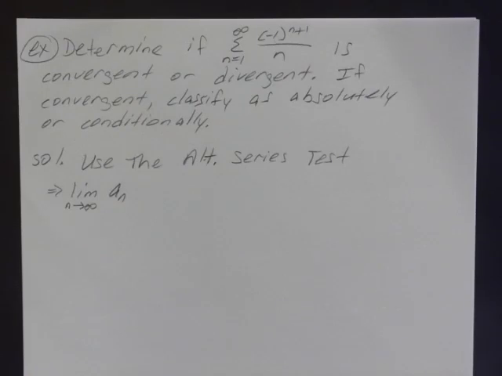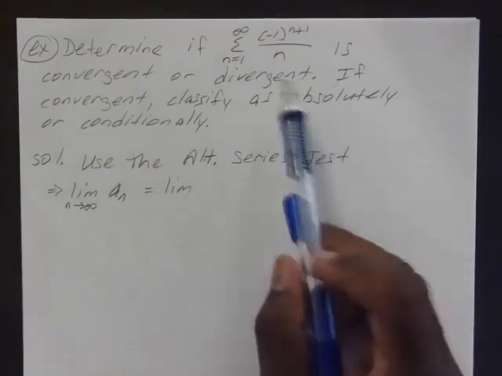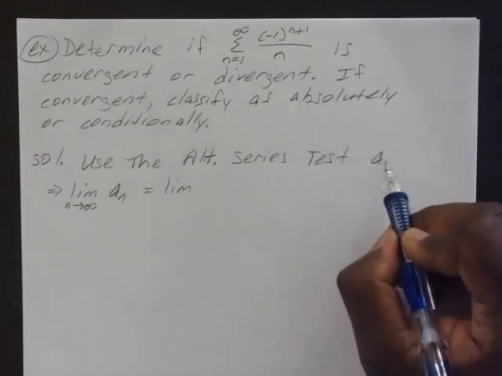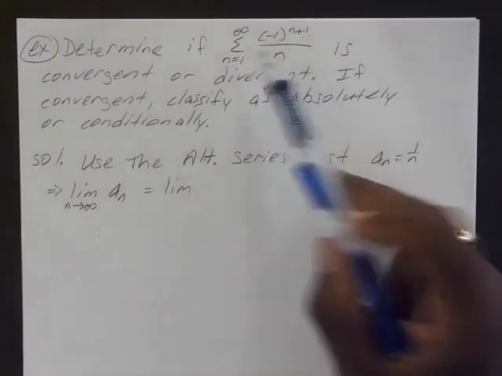Well, in this case, your a sub n is 1 over n, if we just get that negative 1 to the n plus 1 and factor it out to the front.